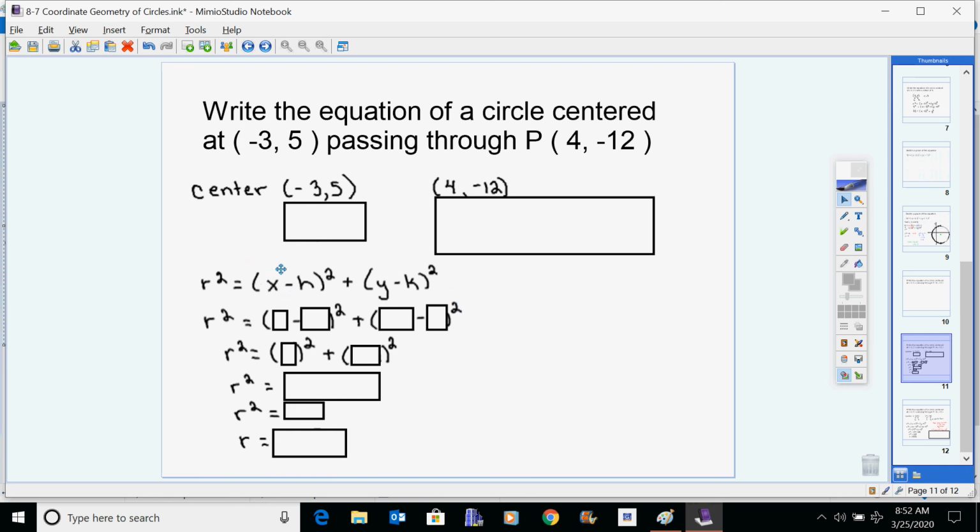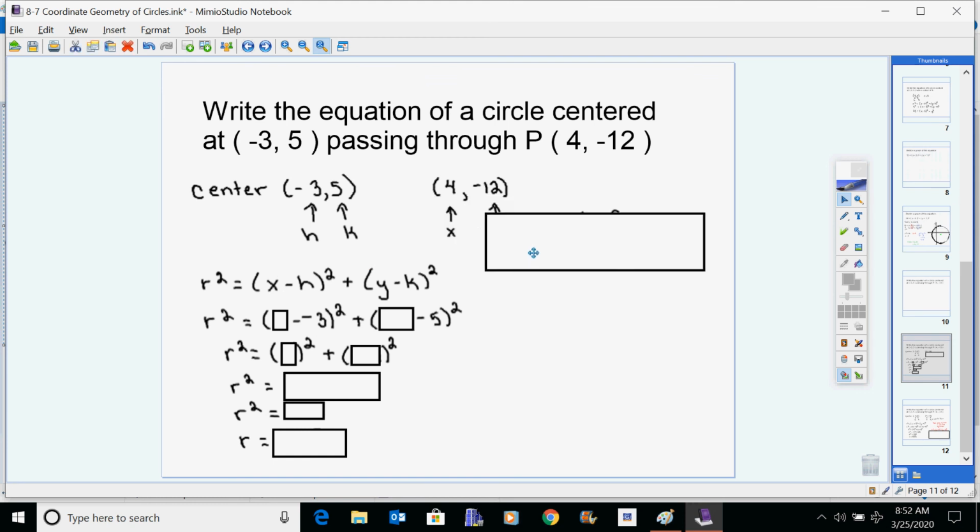So what we do is we plug in the things that we know. The first thing that we know is h and k, so we're going to plug in our h and our k. Now what about our x and our y? This is the general form of the equation, so there are millions of x's and y's that will work in here, but we're given an example of one of them.